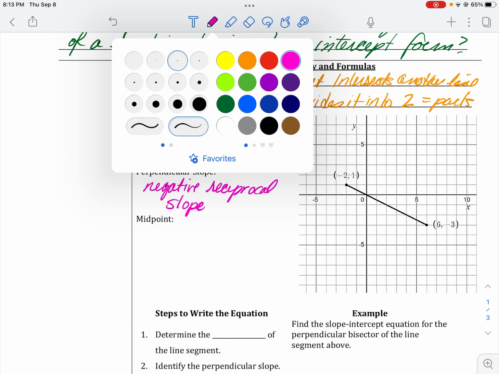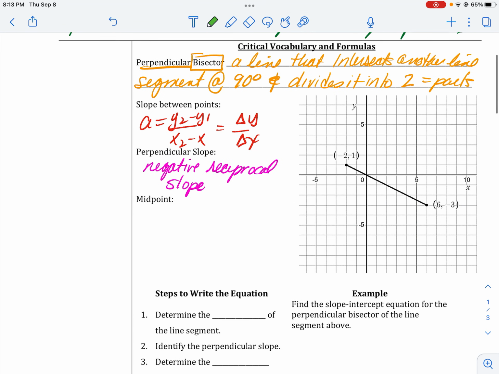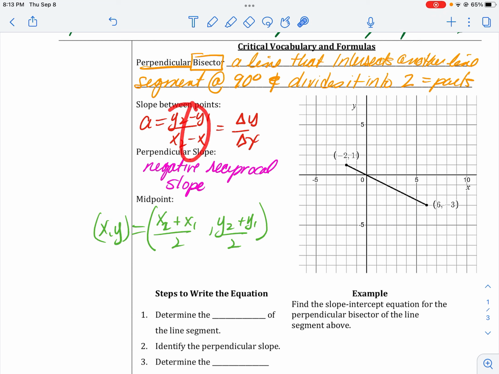And the midpoint formula, see, it's all coming together now, is the two coordinates added together, y2 plus y1 over 2. Now, don't forget that it's plus, not subtract, like it is when we're doing slope.